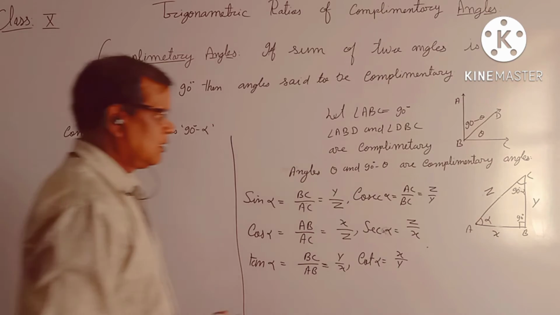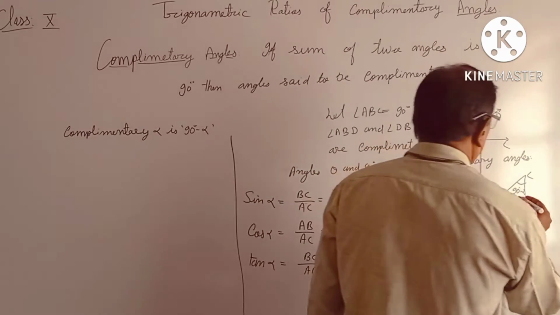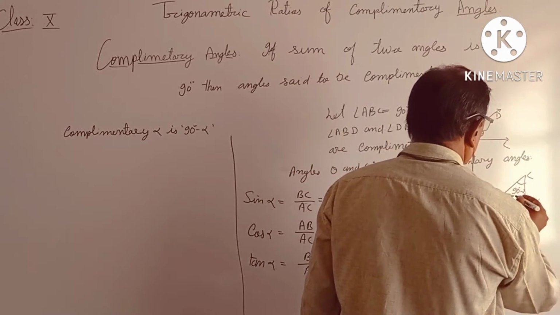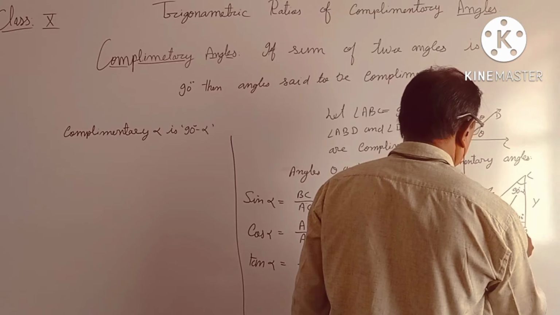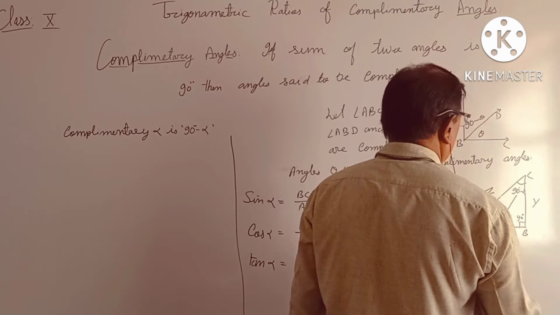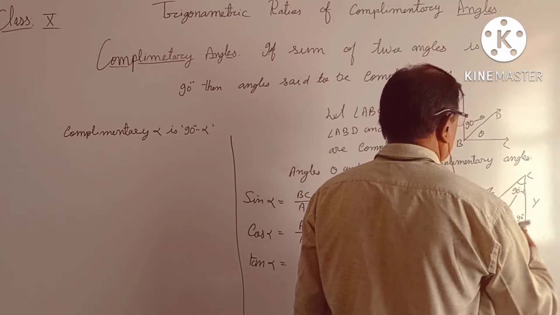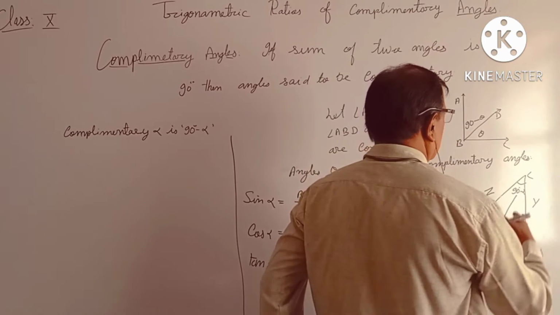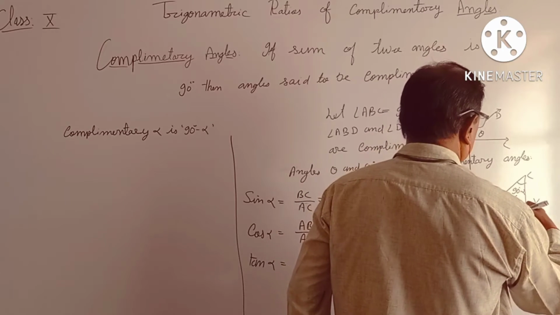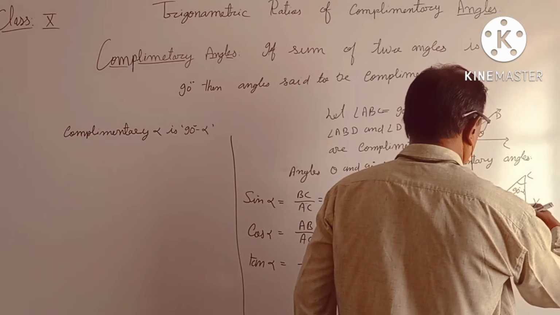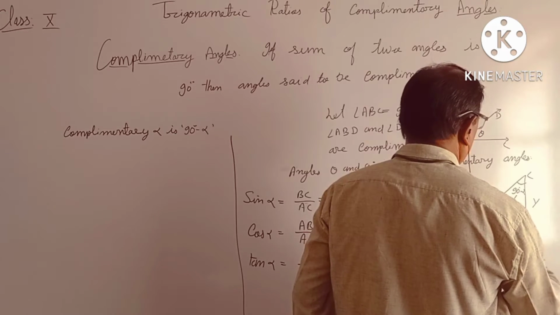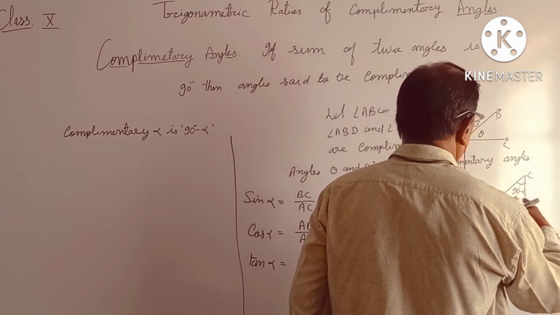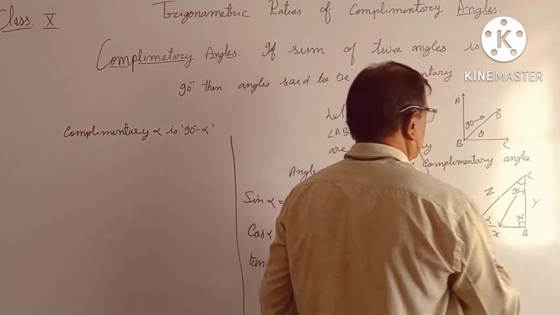Now as we see here, the complementary angle is at C. The side in front becomes the perpendicular, and the side on which it is constructed is the base. The hypotenuse never changes.